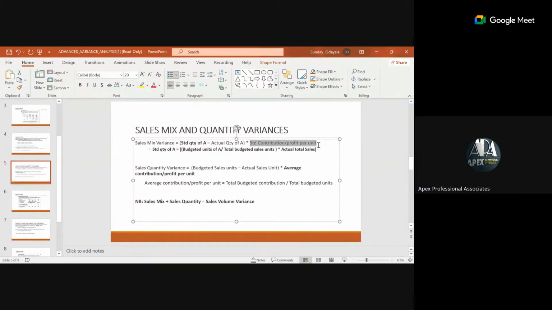Now, the average contribution per unit is in bold because that is an entirely new concept. We've not talked about that before. Average contribution per unit is just your total budgeted contribution. You add the contribution you expect to make from product A, to the contribution you expect to make from product B, to product C, product D, up to product Z, as many as you want.